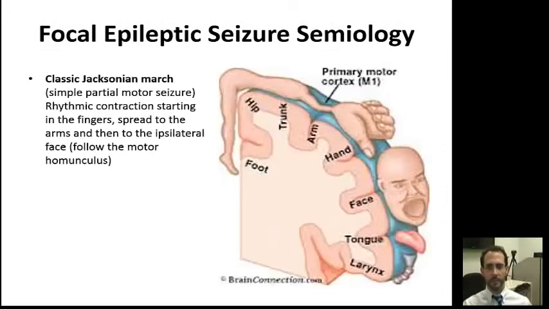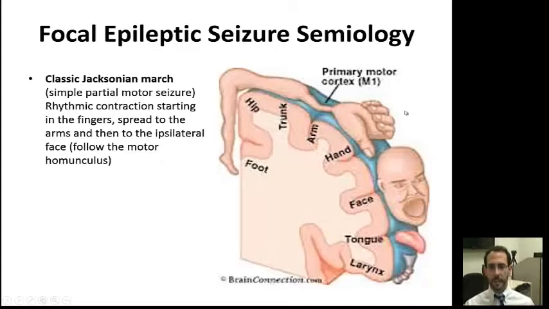So, the topographic distribution again of the cortex. This is pretty much an example. This is part of the brain, a cut sample here. Basically, the top part of the cortex typically controls the hip and the trunk as well. Then after that comes the arm.